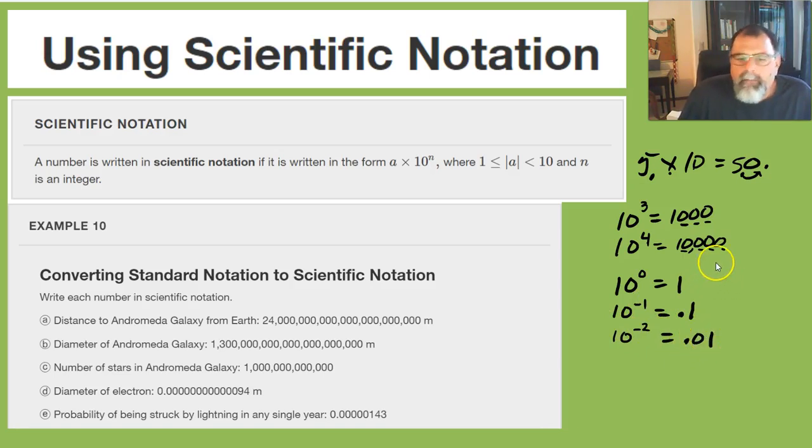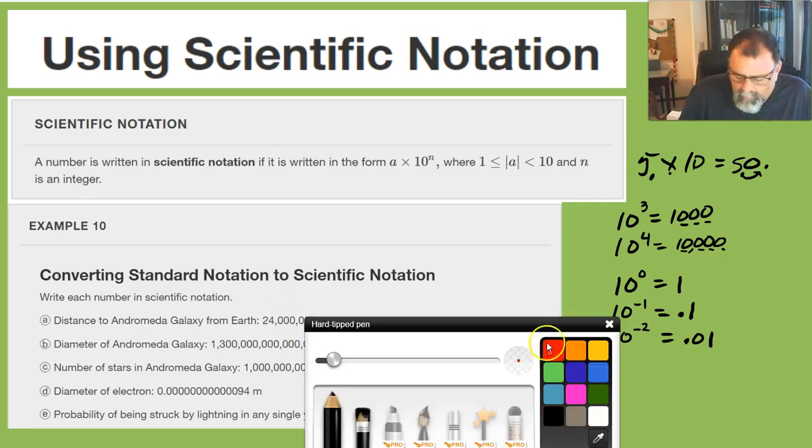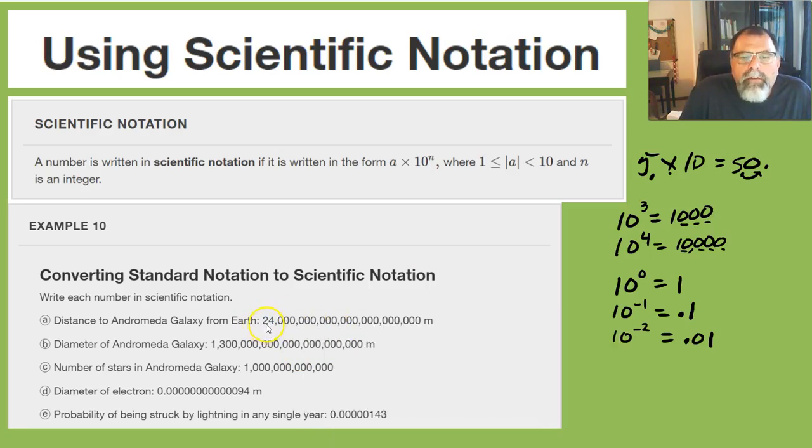Okay, so the way you do it is I typically start on the left, find the first non-zero number, 2, and to the right of it, you put a dot. Then you count how many places you're moving the decimal place, 3, 6, 9, 12, 15, 18, 21, 22.